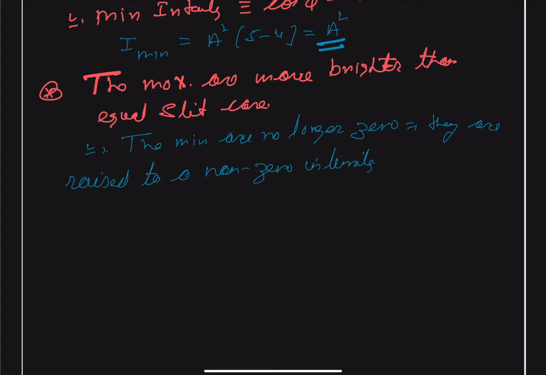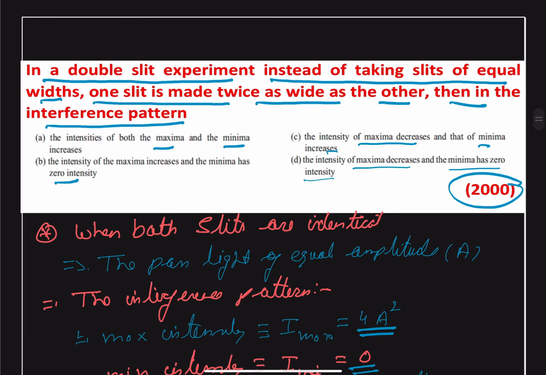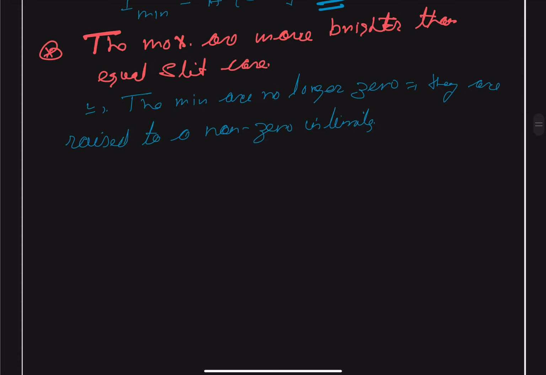Or we can say there won't be any perfect destructive interference. So based on this, the intensity of maxima is going to increase, and maxima cannot decrease, but minima now cannot be equal to 0. So the only possible one is option A: intensity of both maxima and minima increases. So option A is correct.